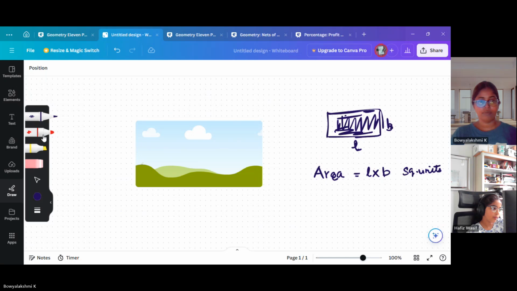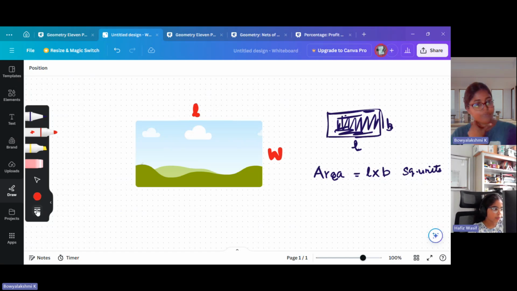How will you find the perimeter? This is length, this is width. 2 times length plus width. Yeah, 2 times (L plus width).